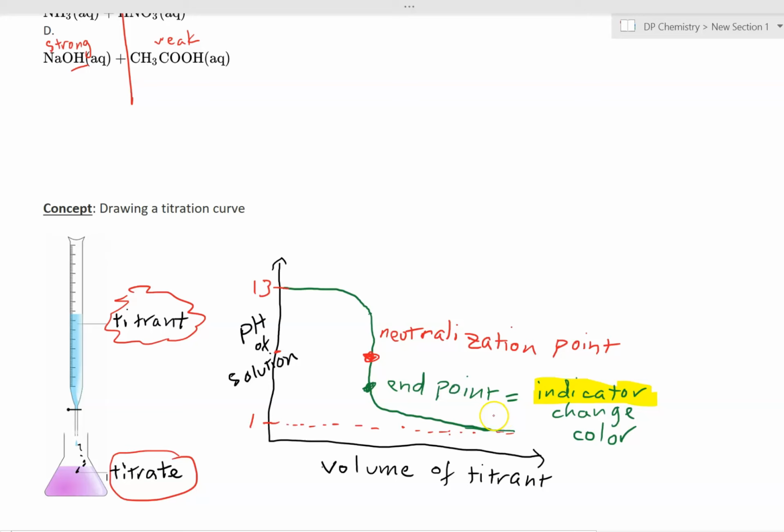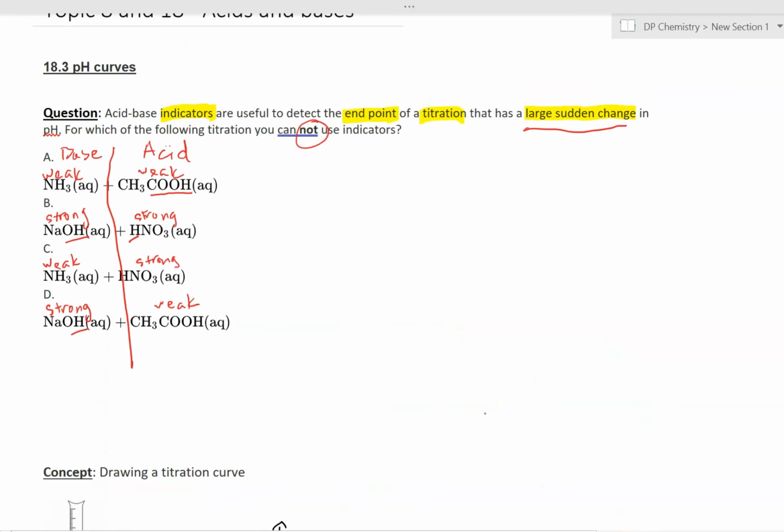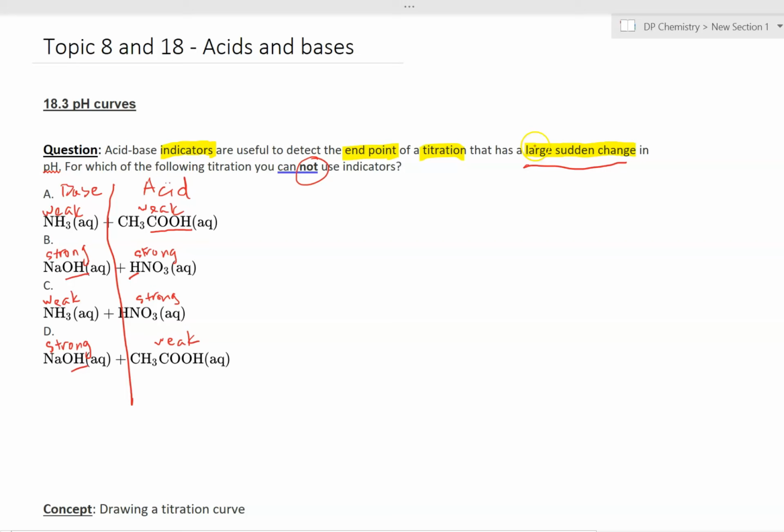Therefore, whichever combination gives you the smallest difference in pH will not give you a large sudden change. So obviously, the weak base and weak acid will have the smallest difference in their pH, and therefore A is your final answer.